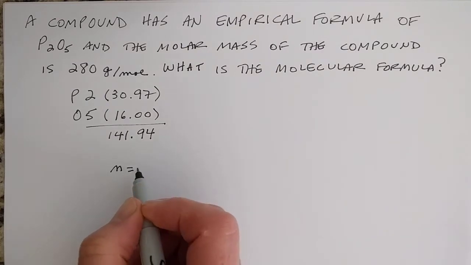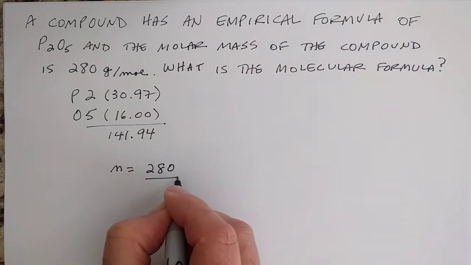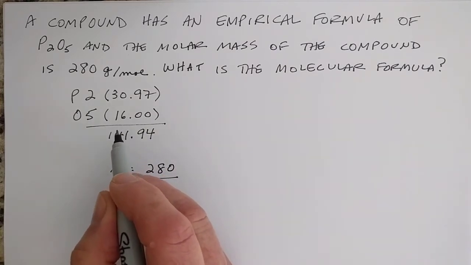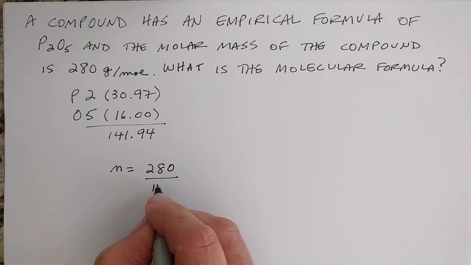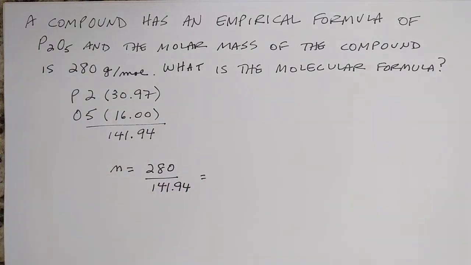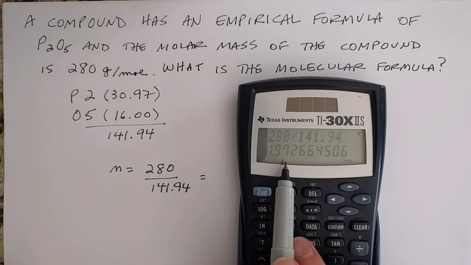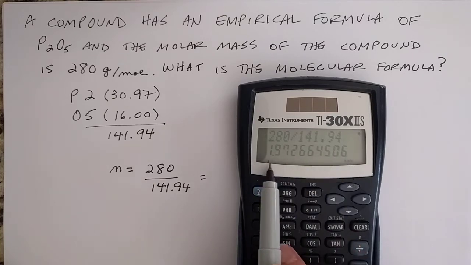So n equals the molar mass of the compound, 280, divided by the molar mass of the empirical formula, 141.94. Let's see what our calculator tells us. 280 divided by 141.94 equals 1.97, lots of digits.